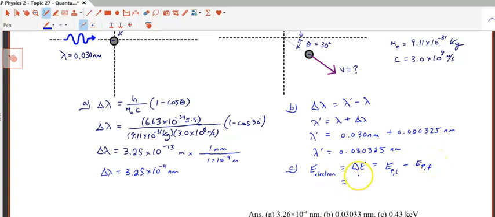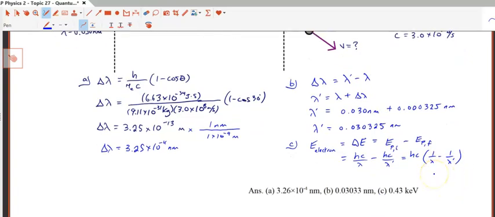So how can we calculate that? We know we have lambda, so let's just use hc all over lambda minus hc all over lambda prime. Or you could rewrite this as hc times the bracket of 1 over lambda minus 1 over lambda prime.